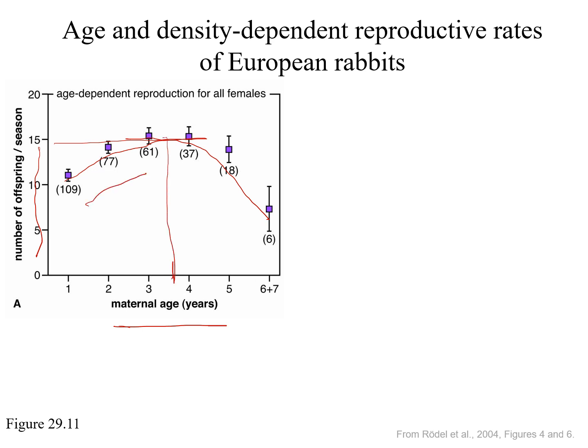So as they're younger, they're getting better at producing offspring, but as they get older, they're decreasing their ability to produce offspring. So this tells us that for these animals, the rabbits, the 3 to 5 year age is the optimal age for which they can reproduce. They can produce the most offspring.